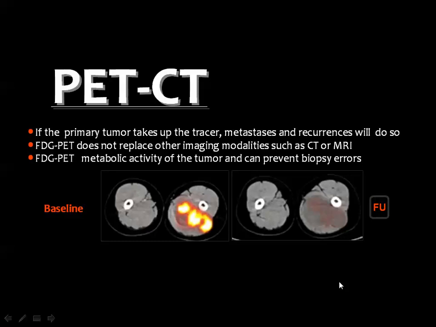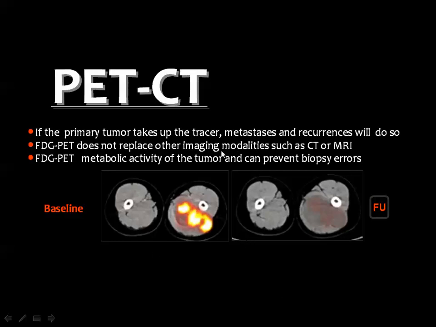Then the role of PET-CT in evaluation of soft tissue tumors is only confined to the search for metastatic disease and also to look for recurrence after treatment. Then PET-CT is not a diagnostic modality.